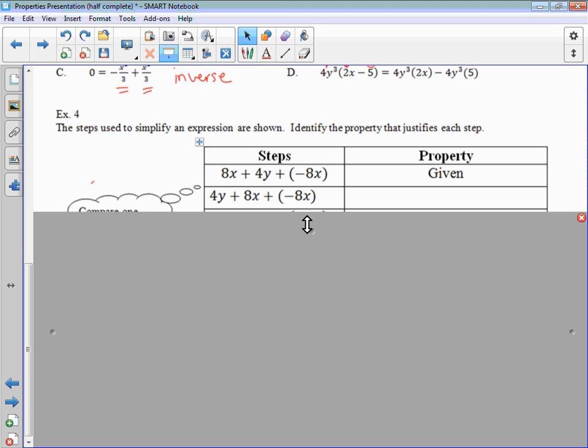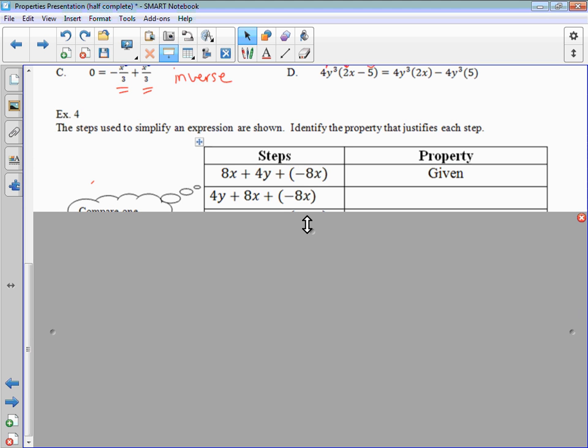Our job is, the steps used to simplify an expression are shown. So they give you this. You need to identify the property that justifies each step. So just look at this, and ask yourself, what is different from the first line to the second line? What changed? The numbers?